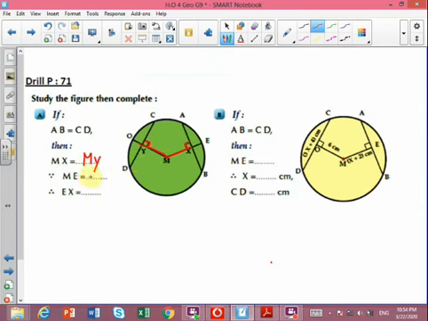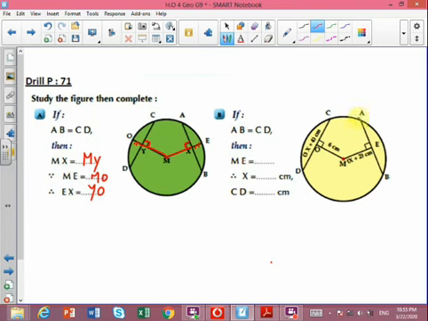Equal to MO. That's what I revised just now, that I have a chord and a line from the center perpendicular to this chord. It will bisect it. So ME equals MO, then EX, this part, will also be equal to that part, YO. This is very important because it will come later on in the proof questions.